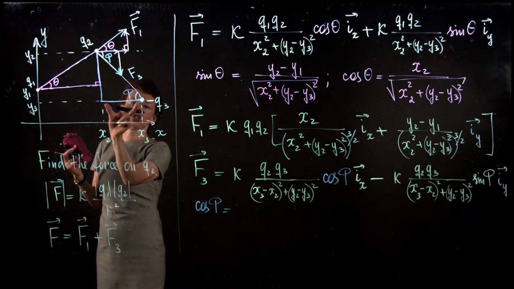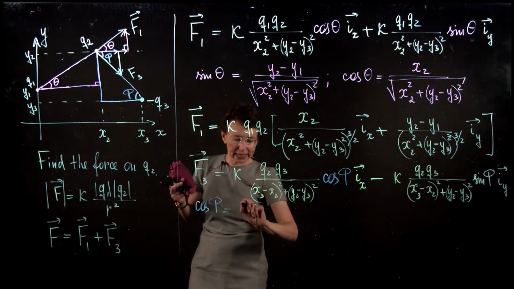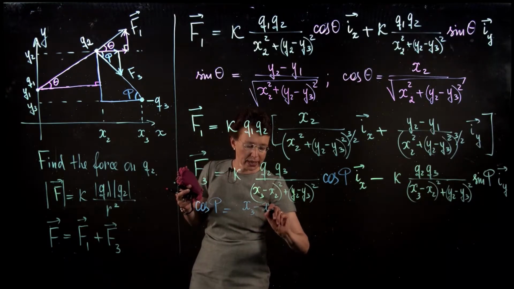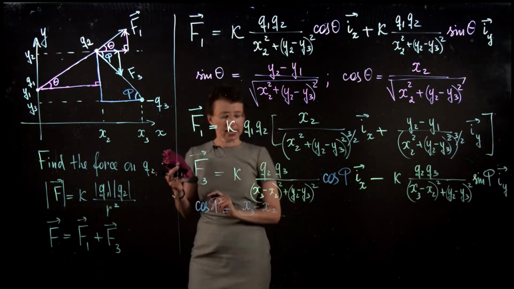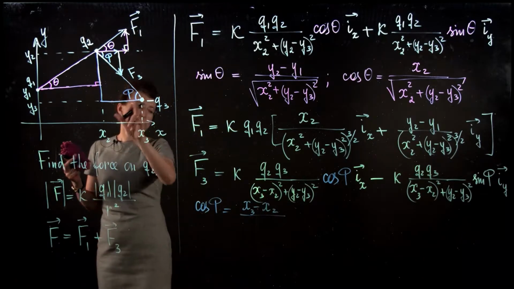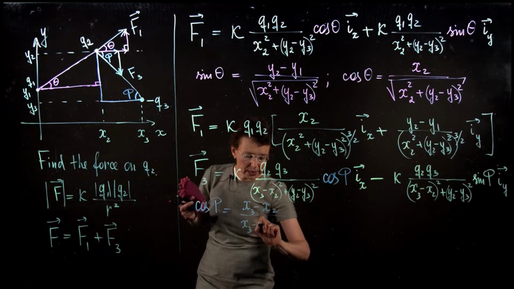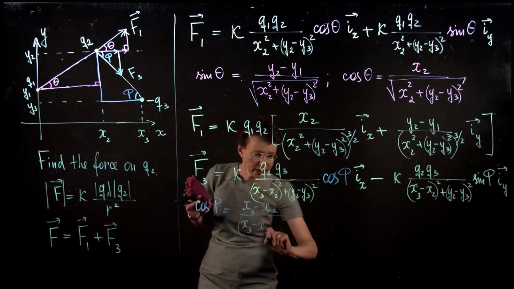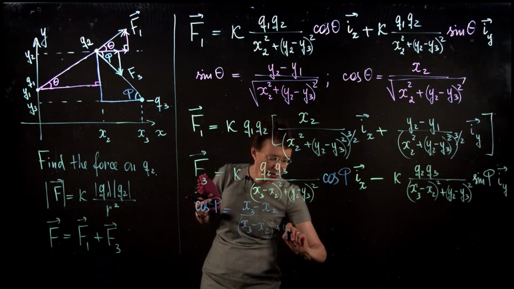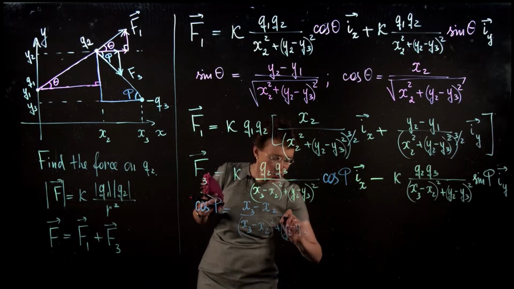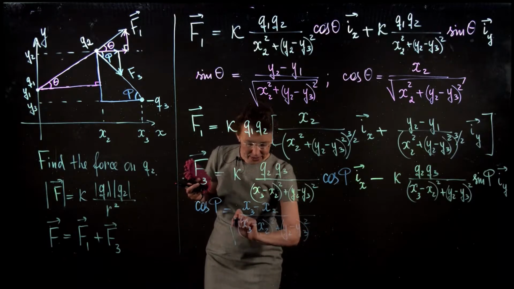Cosine phi is the adjacent leg, which is x3 minus x2, divided by the hypotenuse, which is the square root of x3 minus x2 squared, plus y2 minus y3 squared.